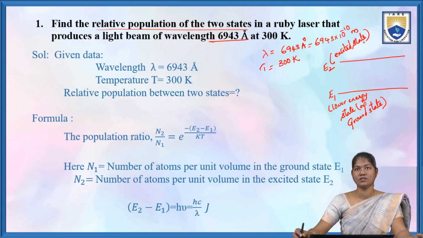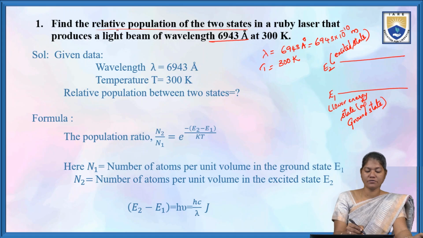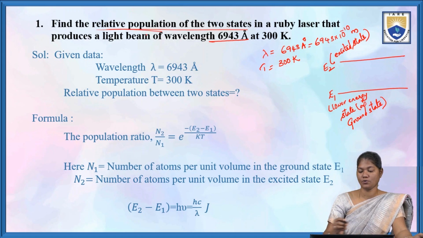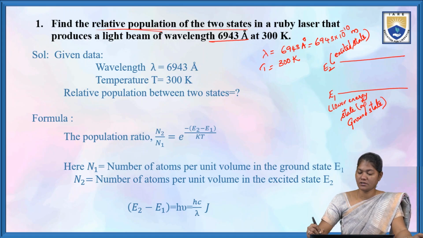So these are the two states in the ruby laser, and here we need to find the relative population. Let the population in the lower energy state, the ground state, be N1, and the excited state population be N2.